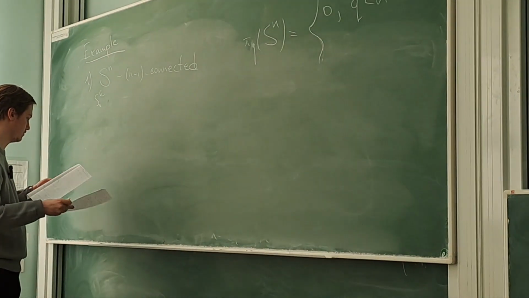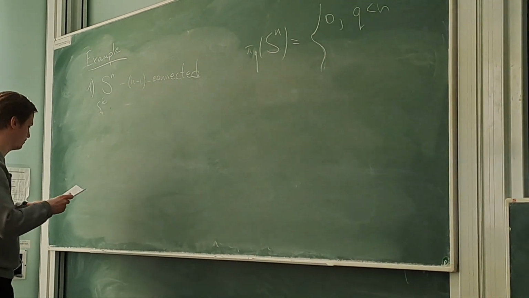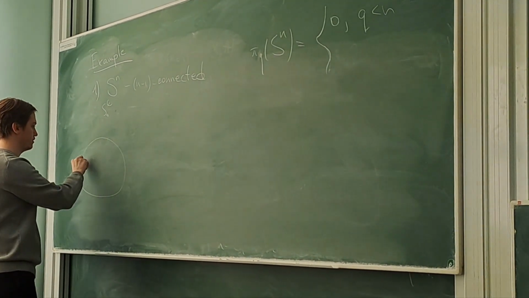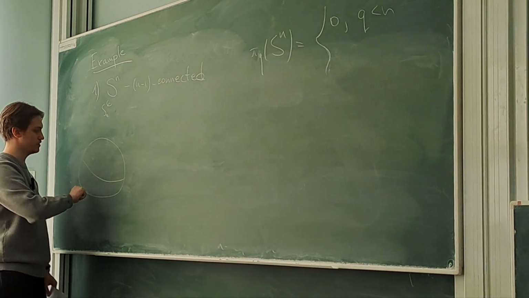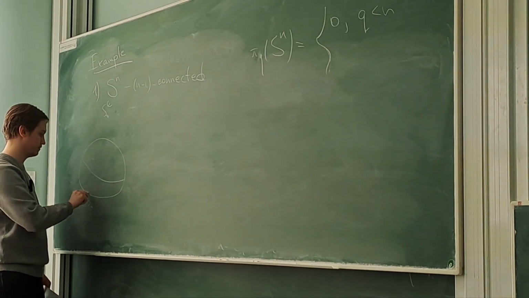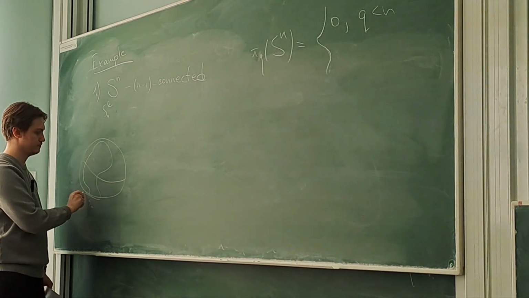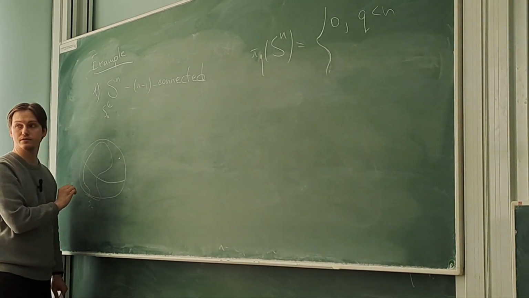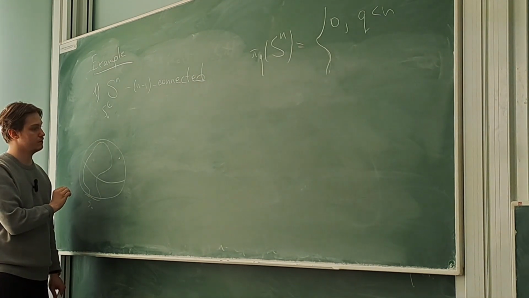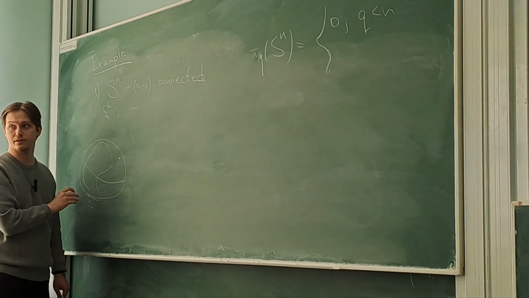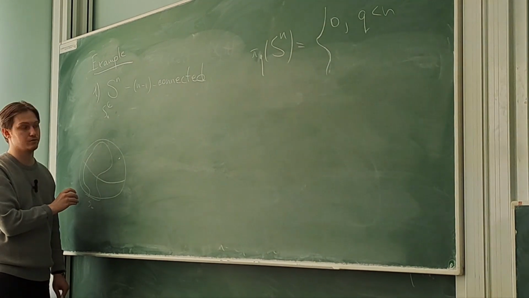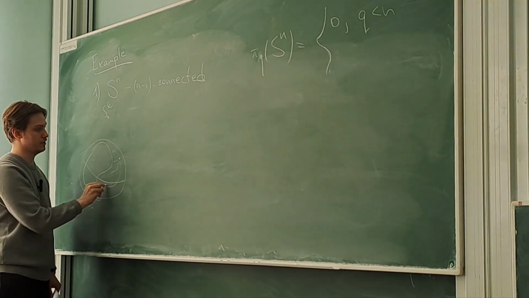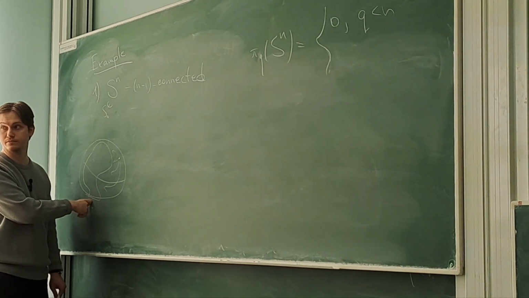So, okay, let's prove it. Actually, it's really easy. The general point is that if you have a sphere and some spheroid, you need to take a point which does not lie in the image of the spheroid, and then you can contract this spheroid to your base point.